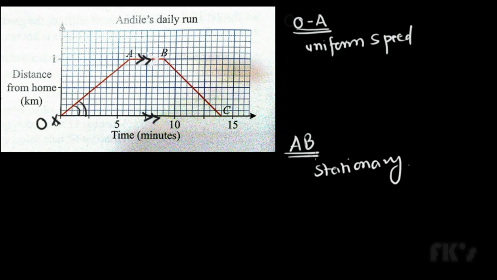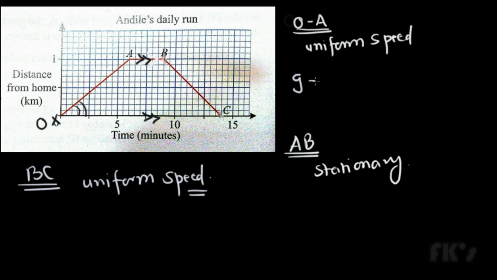So that's the motion from B to C. I would write that from B to C, it's moving again at uniform speed. If you find out the gradient of this line, the gradient is equal to 1 over 6, which is 0.167. The gradient is nothing but the velocity, so the unit would be kilometer per minute.